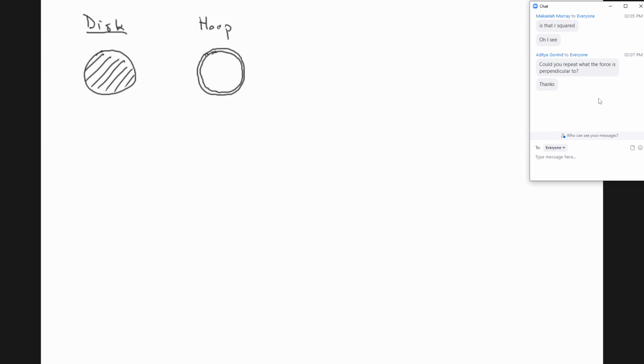Okay? So the moment of inertia for a disk is equal to mr squared divided by 2. Moment of inertia for a hoop is equal to mr squared. M being the mass that they have on each of the hoops, and r being the distance that that thing is from the center. Okay.